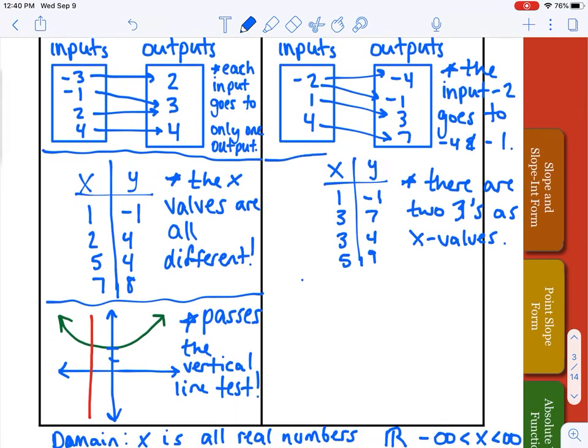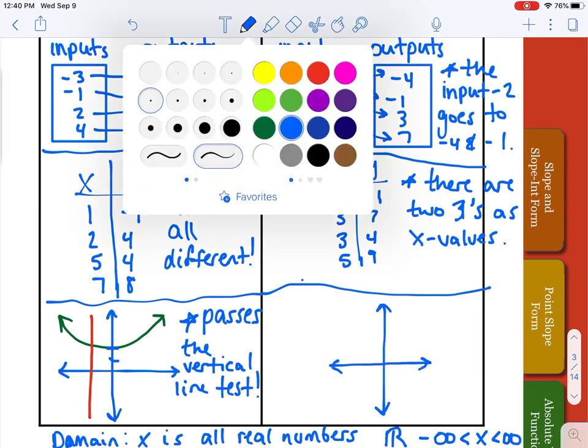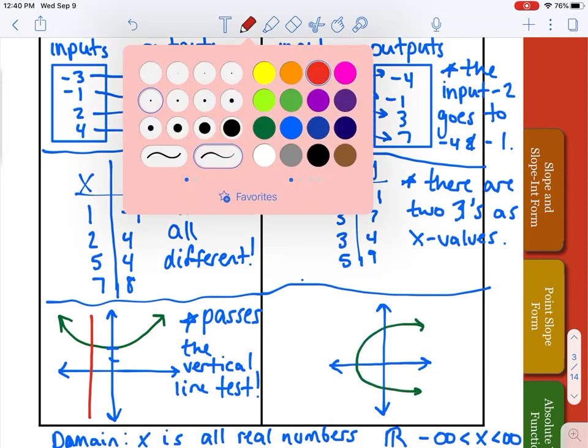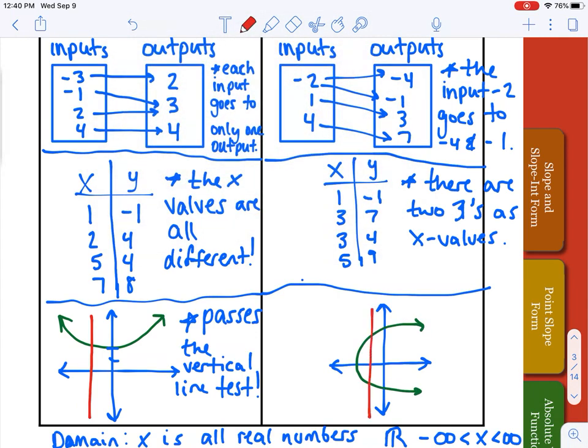Lastly, on a graph, if we have a graph like this, the graph does not pass our vertical line test.